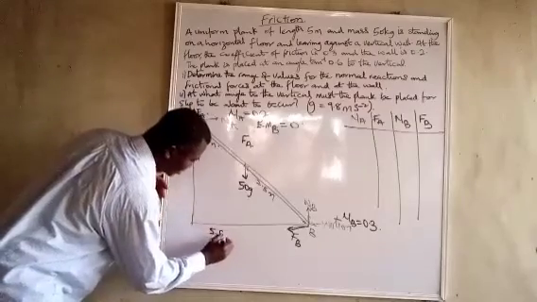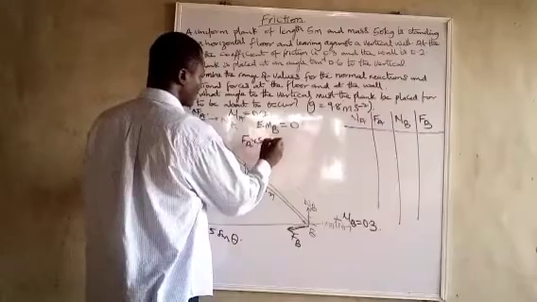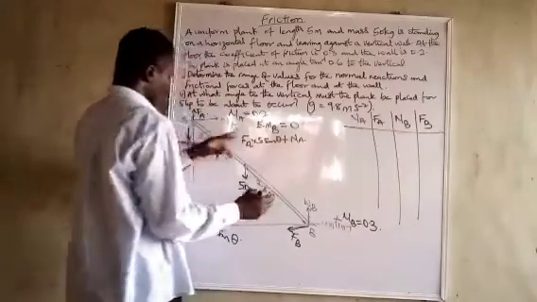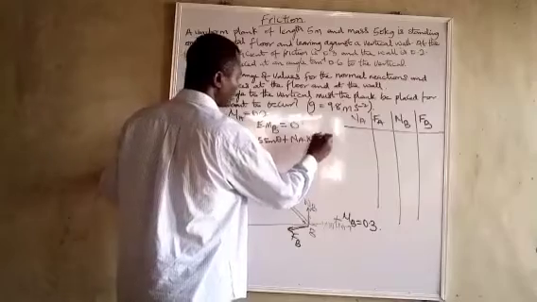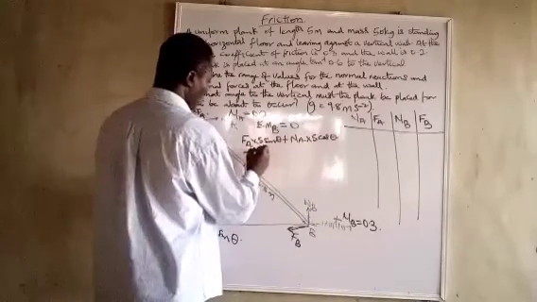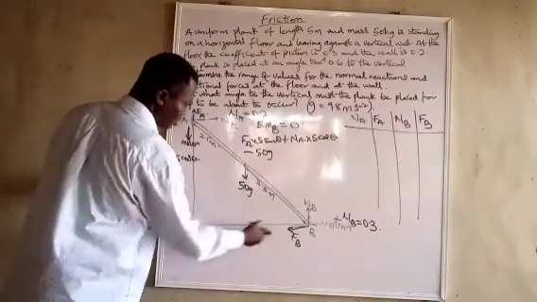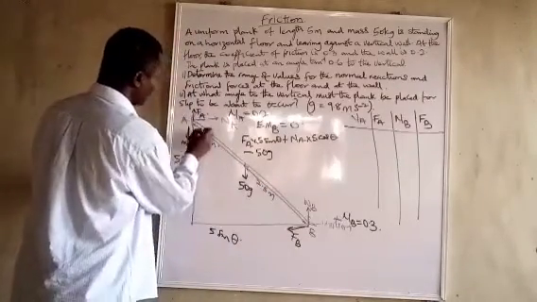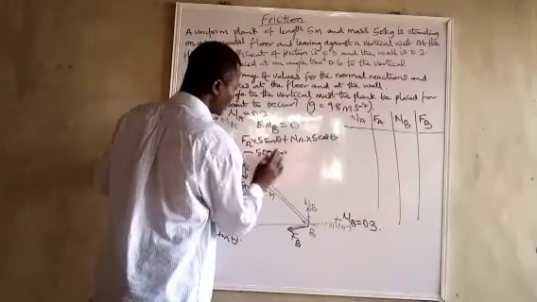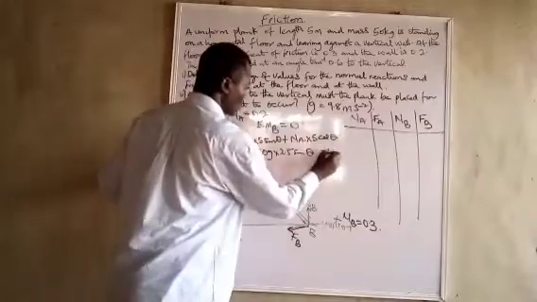Here is 5 sin theta. So the distance from here to here is 5 sin theta. This one plus NB times 5 cos theta, minus 50g times 2.5 sin theta, is equal to 0.